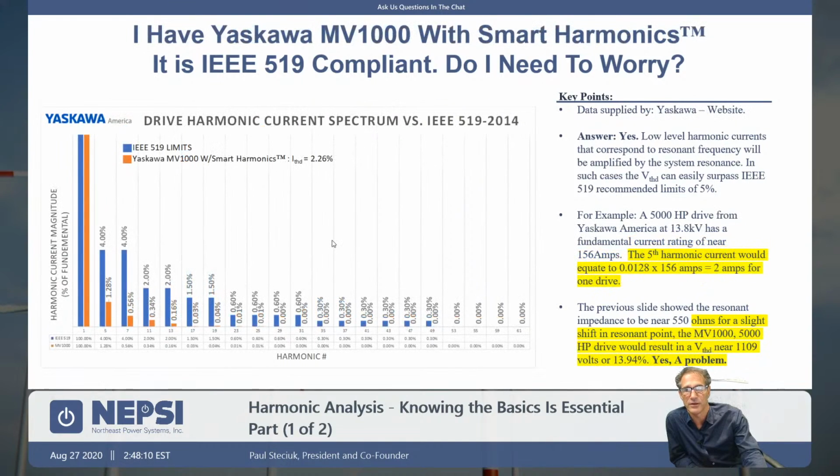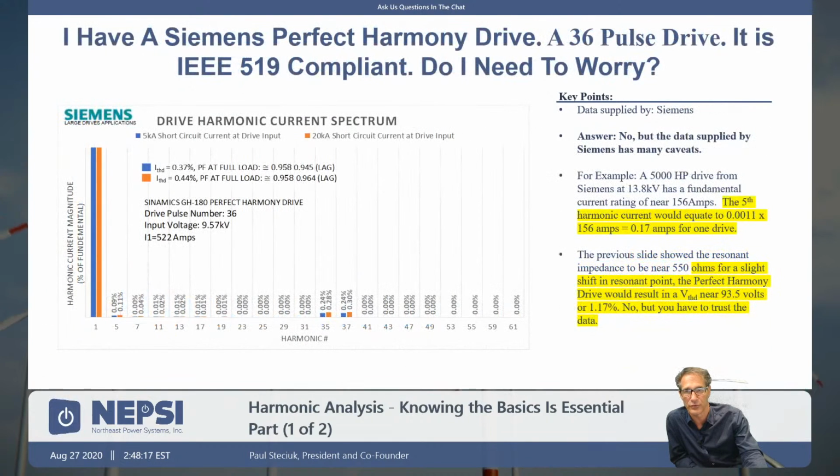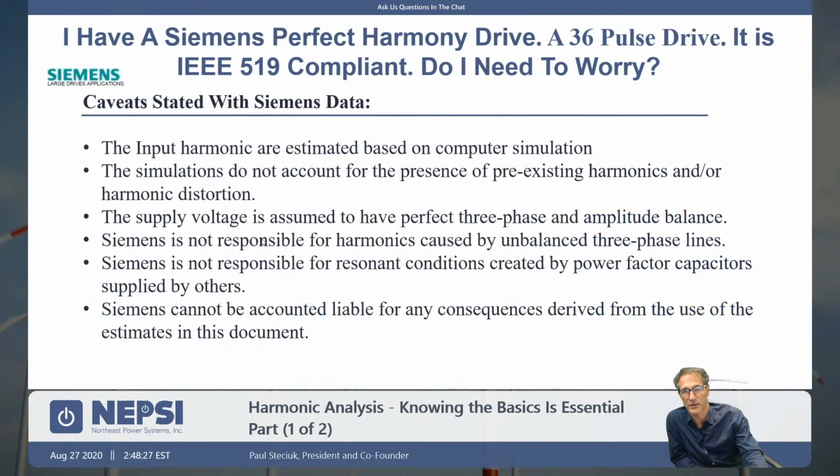You can do the same thing for published data from other drive suppliers, and we go through it and show the results. For the Siemens device, the harmonic currents were reported as very low, but there are some caveats that come with their drives. To some degree, those devices under ideal conditions produce very, very low harmonic currents, but there are caveats.